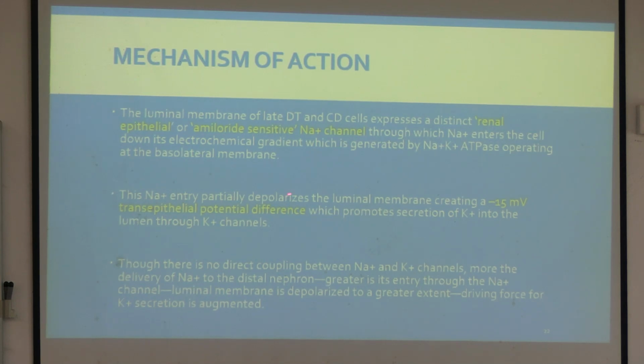So this sodium entry partially depolarizes the luminal membrane, creating a minus 15 millivolt transepithelial potential difference, which promotes secretion of potassium through the potassium channel. Though there is no direct coupling of sodium and potassium channels, more delivery of sodium to the distal nephron, greater is its entry through the sodium channel, more development of the transepithelial gradient, and more potassium excretion.